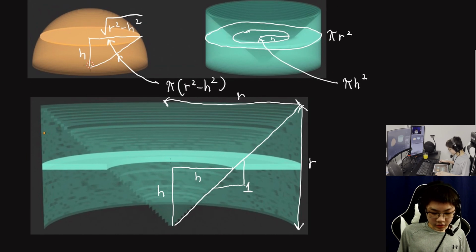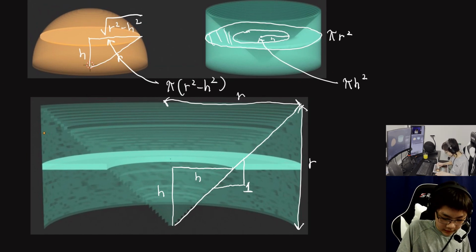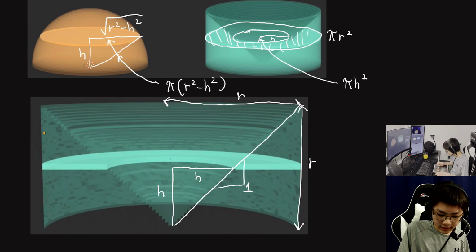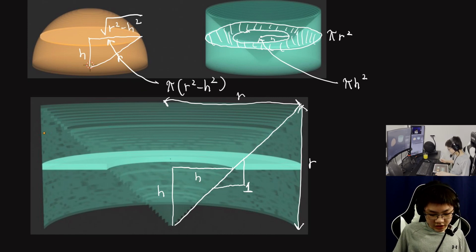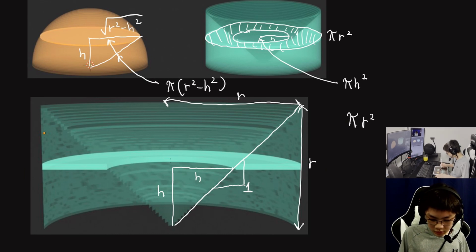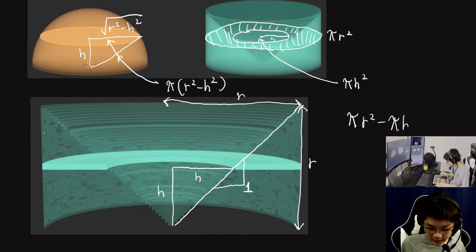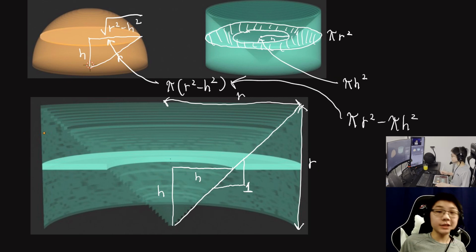Okay, so now the area of the slice in between the cylinder and cone at the height of h is going to be pi r squared minus pi h squared. And voila! That is equal to the area of the circular slice of our hemisphere.